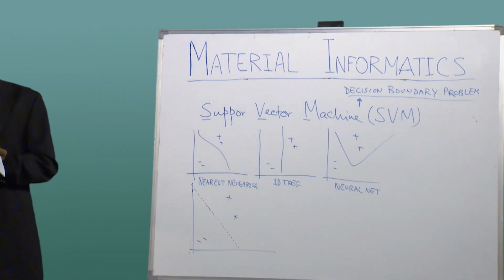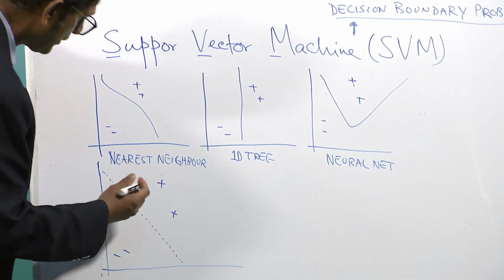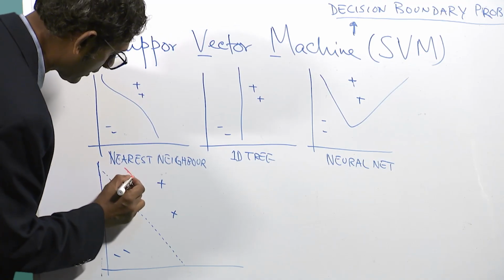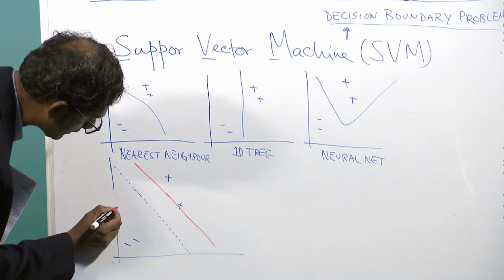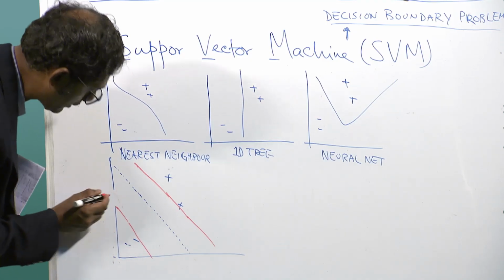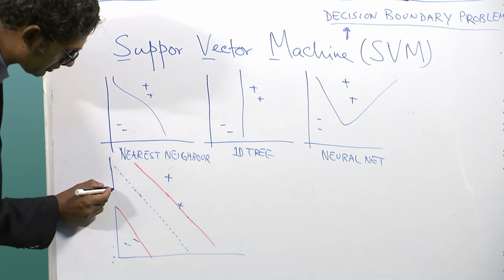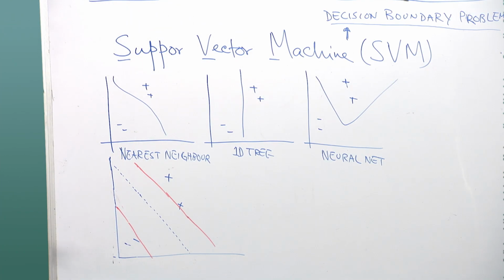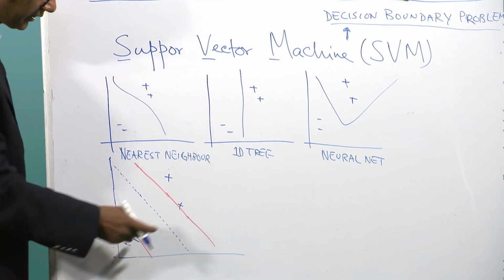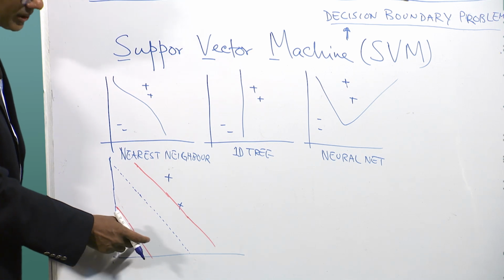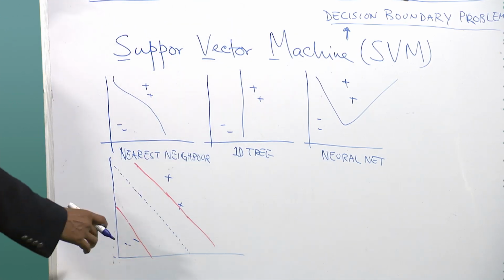Now, using a different color, I can draw the boundaries on both sides. I shall draw the boundary in such a way, like this, draw the line and then I can do that. So, I have drawn two lines, one on this side which is just touching the positive point, and one on this side which is just touching the negative points.